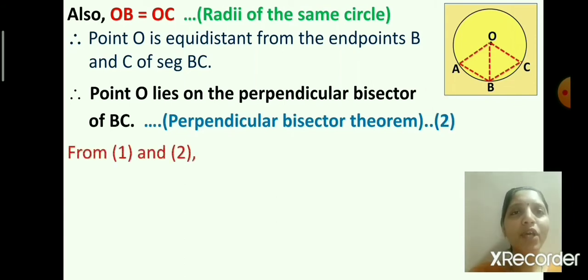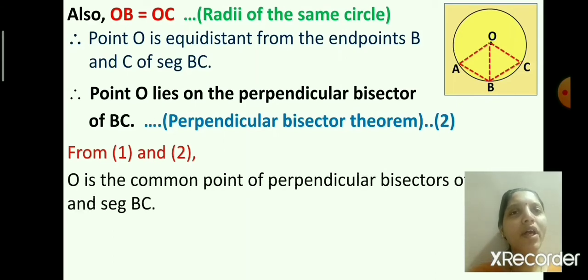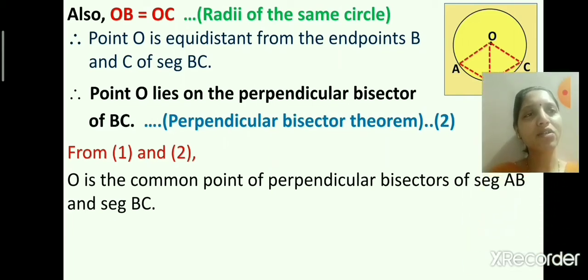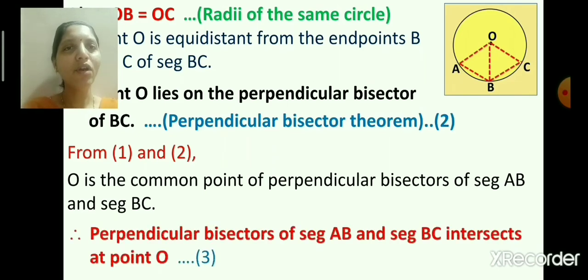Now from equation 1 and 2, what can you write? Point O is the common point of perpendicular bisectors of seg AB and seg BC. Yes, because in both the perpendicular bisectors we have point O. Therefore, perpendicular bisectors of seg AB and seg BC intersect at point O. Write this equation as equation 3.